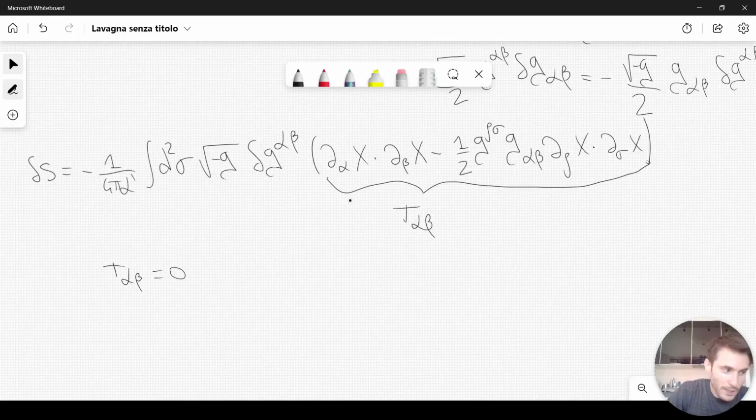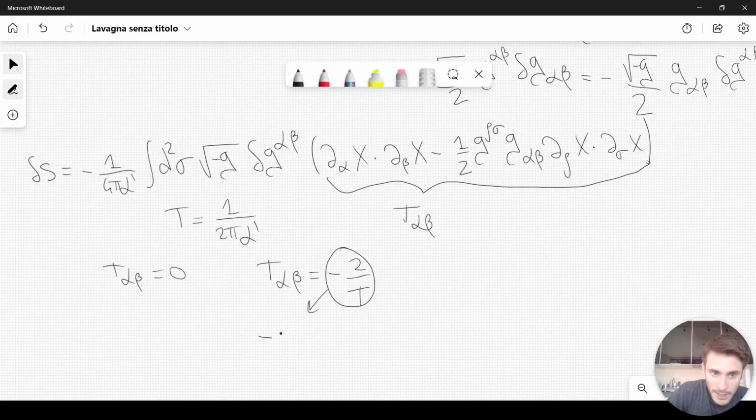And if you check, T_{αβ} can also be written as −2/T times the derivative, where if you recall, T is just equal to 1/(2πα′). Basically, −2/T is just −4πα′. It's the inverse of this constant here, right?